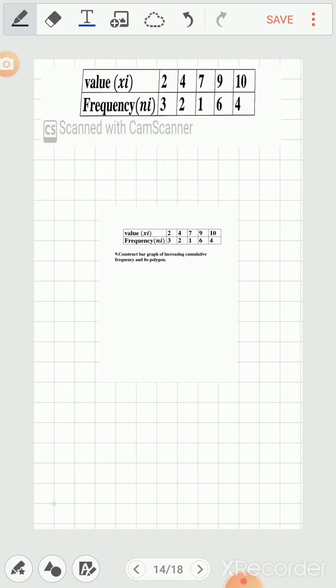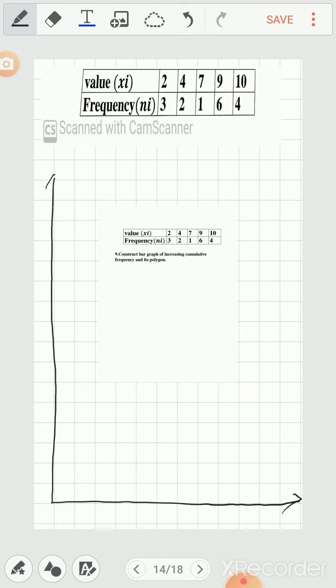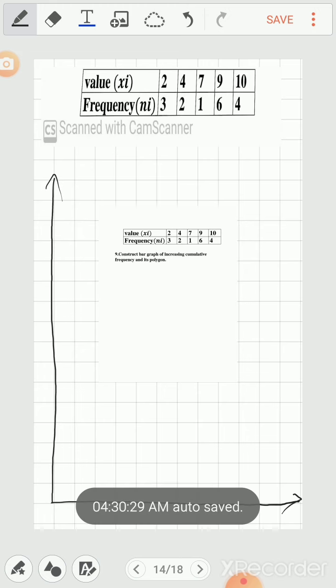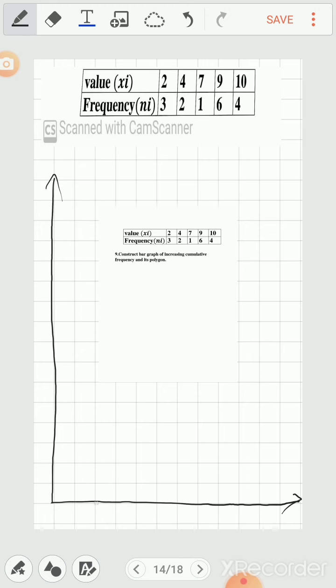So we construct x-axis, we construct y-axis, surely by ruler.